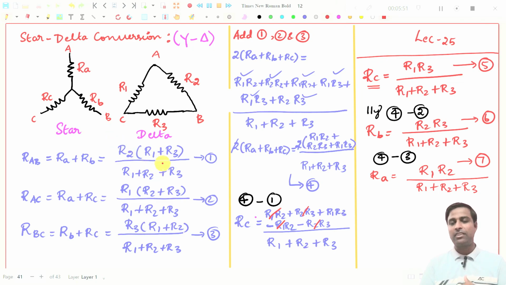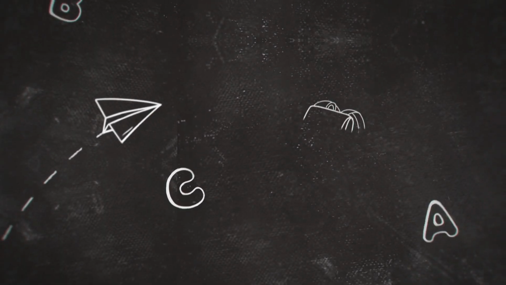We will wind up with this in this class. Then we can apply this with an example problem where delta to star conversion or star to delta conversion can be performed. Thank you. We will see in the next class.